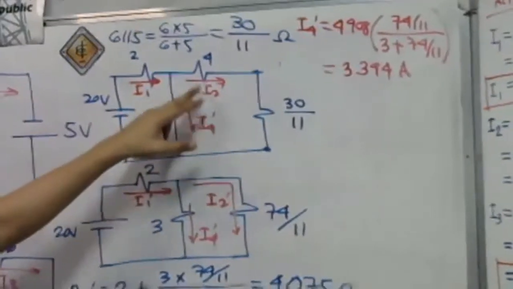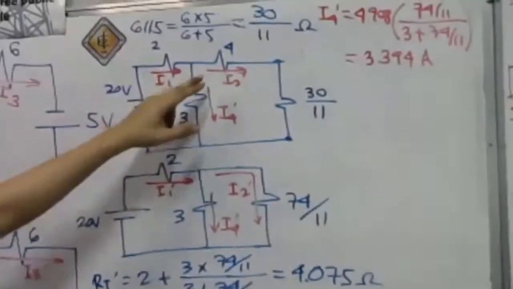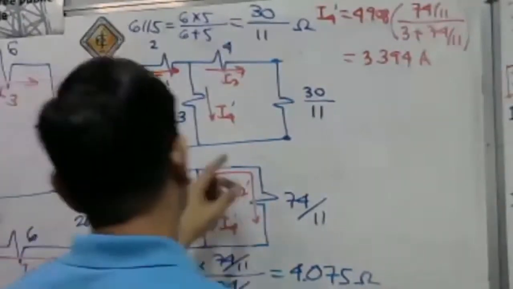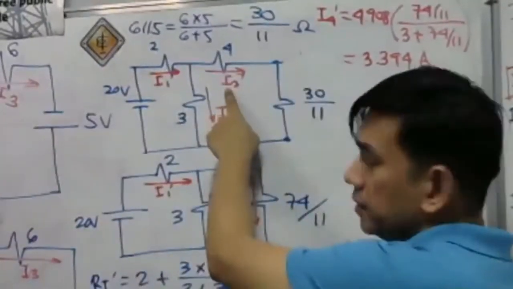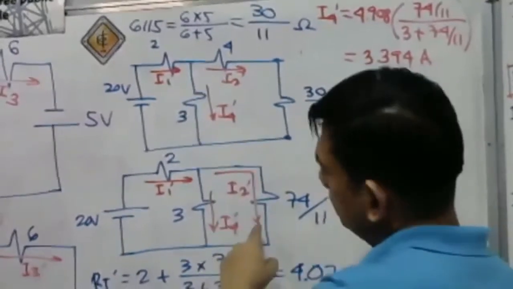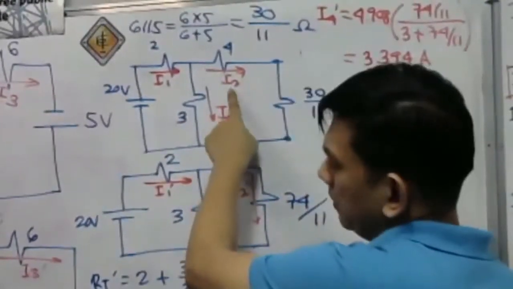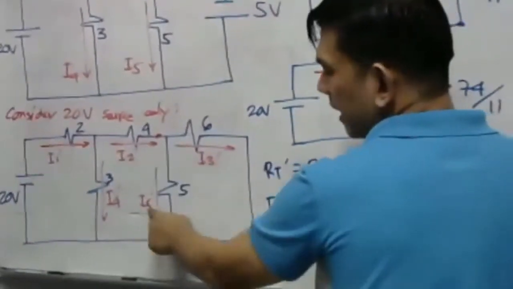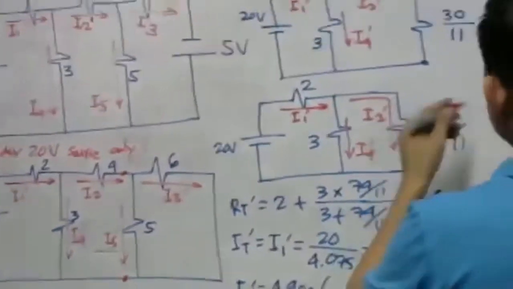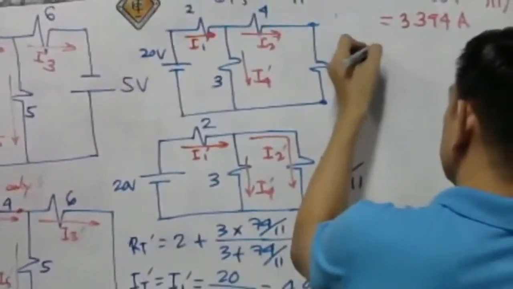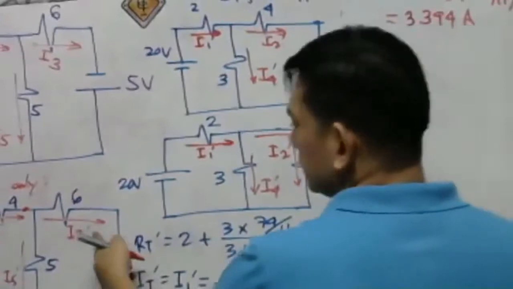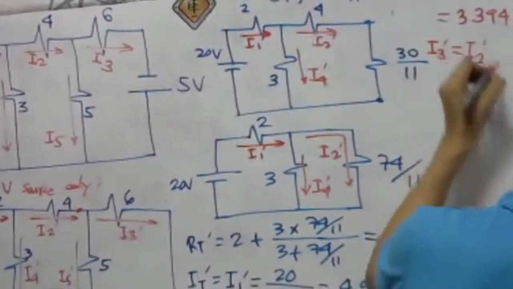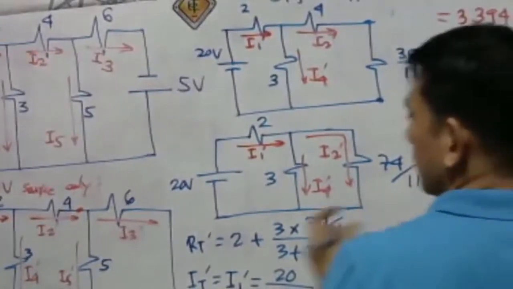Okay. So, take a look here, guys. We can solve for I3 prime and I5 prime. Here, we have I2 prime, and this is also I2 prime, right? That is the resultant current of I3 prime and I5 prime, right? So we can now solve our I3 prime. Our I3 prime is the resultant current I2 prime, then multiplied by what?